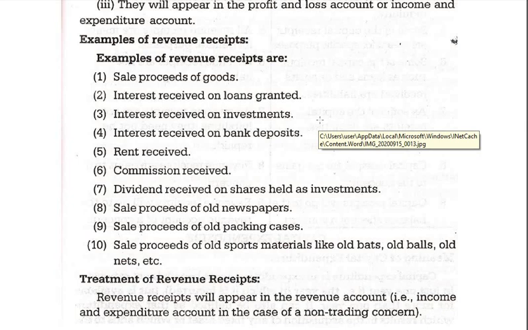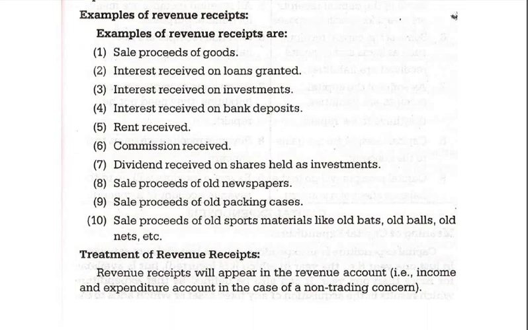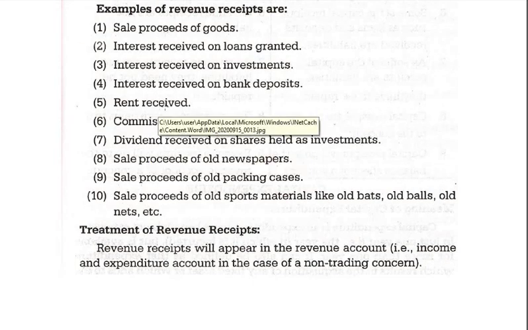Therefore, it is regularly received. Interest received on bank deposits. Like the previous item, even here it is received regularly. Rent received. Rent is also received every month, and therefore revenue in nature.